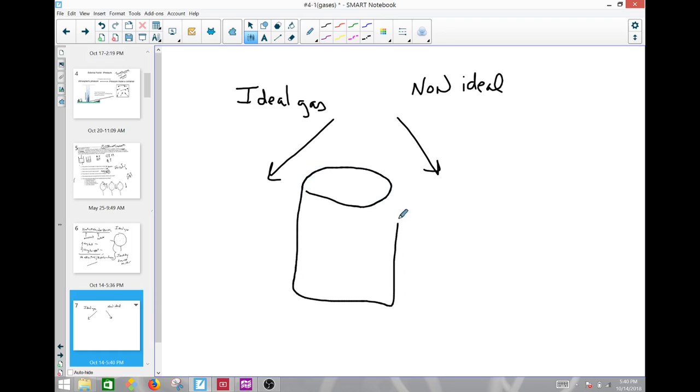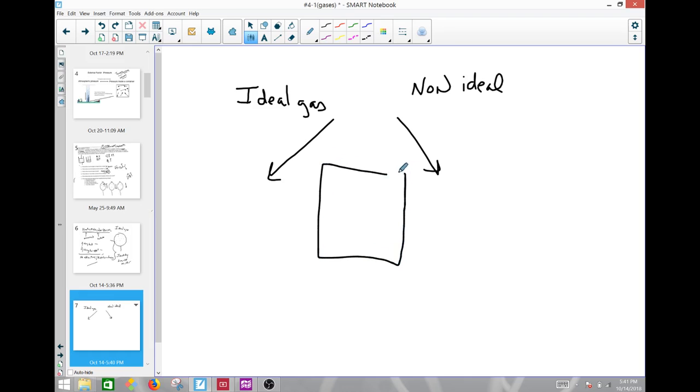Let's get a little container here. Make a box. Okay. Now, what makes something ideal? Well, first of all, they're very far apart, and they're traveling very fast. This is a situation where there's a very low pressure, meaning the particles are not colliding very often, and they're at higher temperatures.